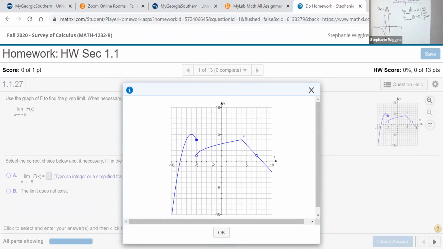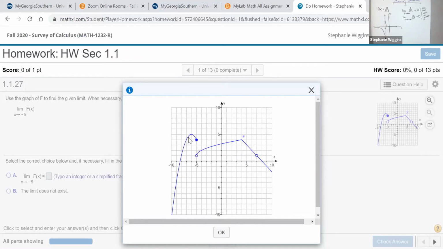But if I come in on the right-hand side, you'll see, if I go to the function right here, and then over to the y-axis, I'm at a height that is close to 1. So there's a disparity there. On the left, the height is close to 4, and on the right, it's close to 1.